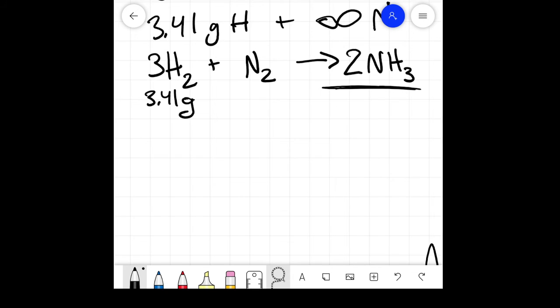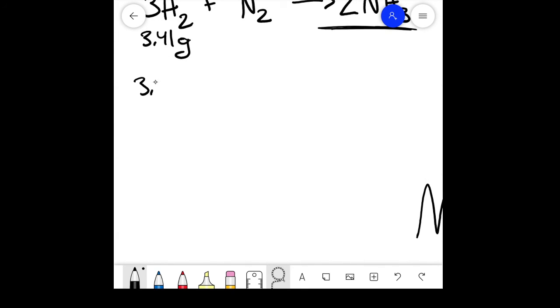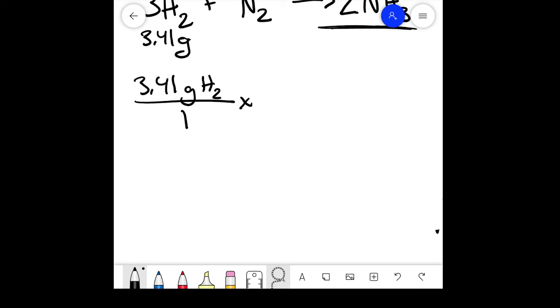So start with our given. Okay, start with our given. It's 3.41 grams of hydrogen. So that would be our given. And then we need to convert from grams to moles, because that is the only way we can convert between anything, as we learned last unit.